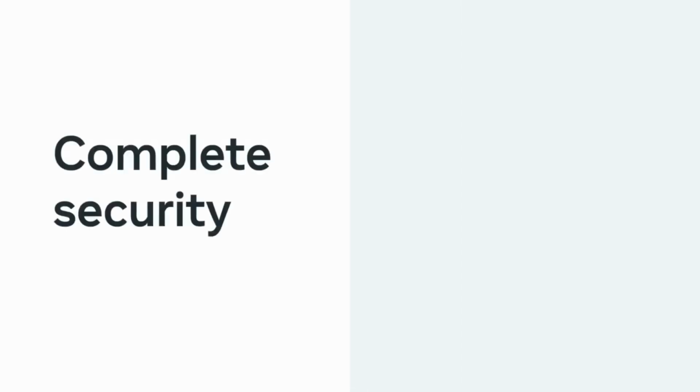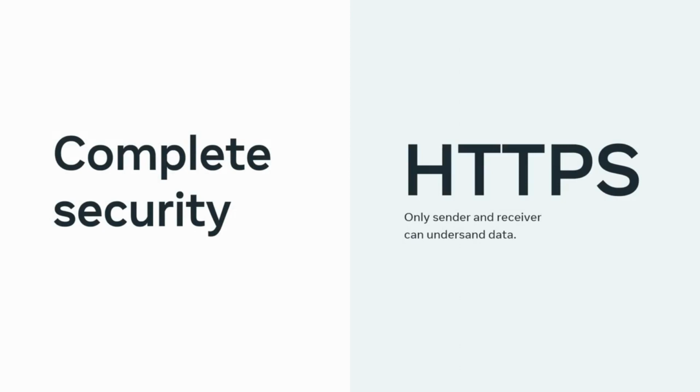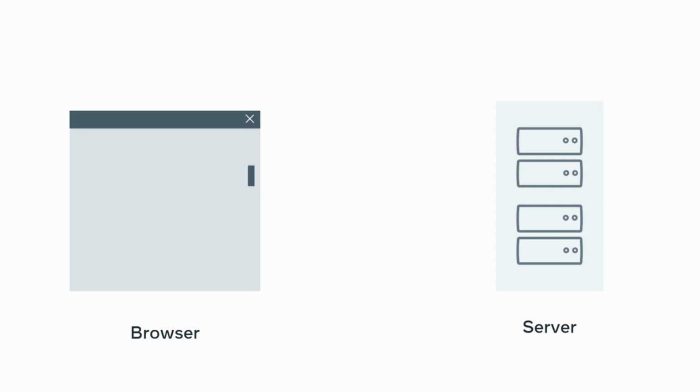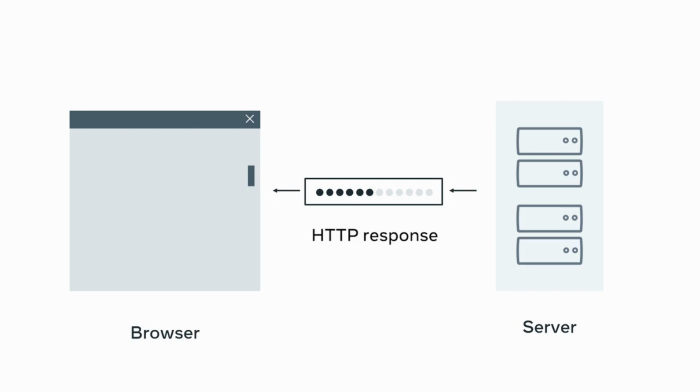However, the data could still be read by a third party listening to the HTTP request. To secure this completely, HTTPS is used to encrypt the data so that only the sender and receiver can understand the data. Once the web server receives the request, it processes it and sends back a HTTP response.